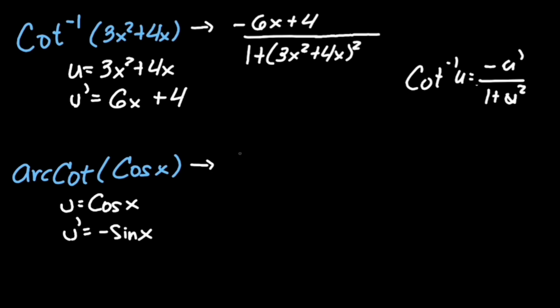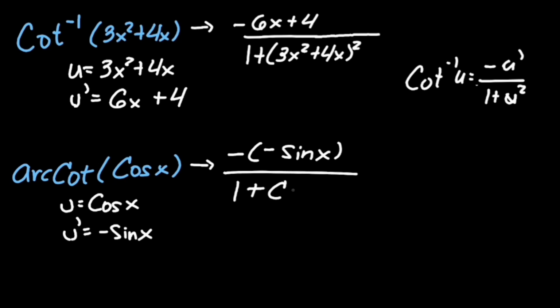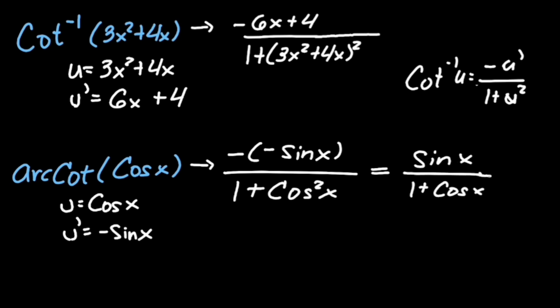Now plug this into the formula again and you will get negative of negative sine of x over 1 plus u squared, which is cosine squared x. Simplify this even further, you will get positive sine of x over 1 plus cosine squared x.